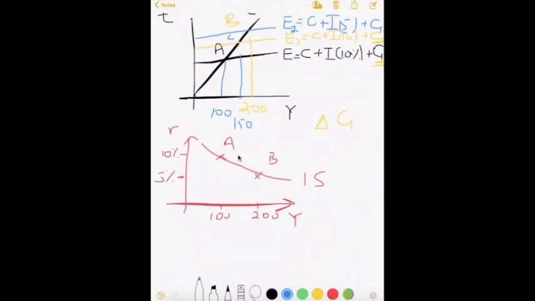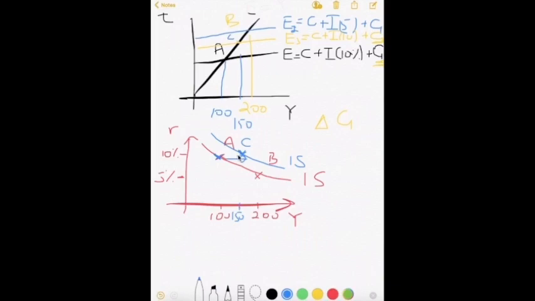So the GDP is 150 at 10%. And what has happened is this equilibrium point A is now at point C over here, and there is a shift in the IS curve.